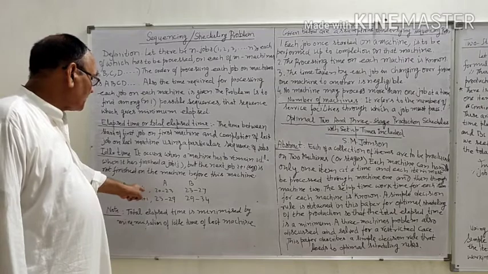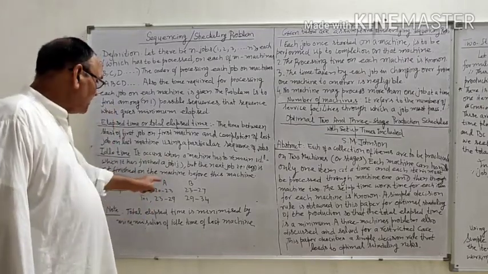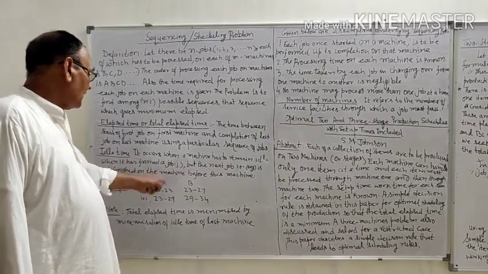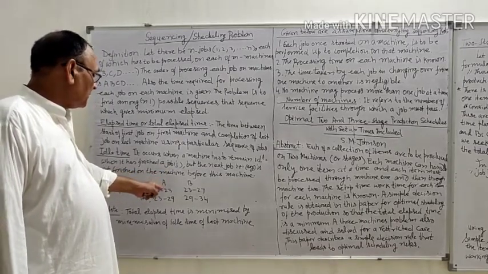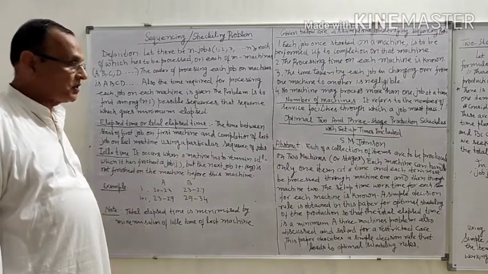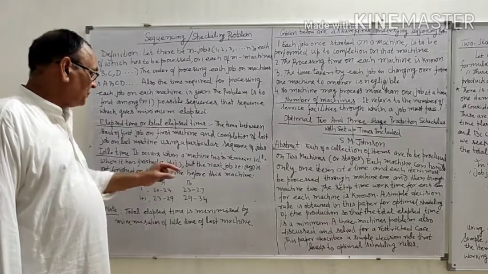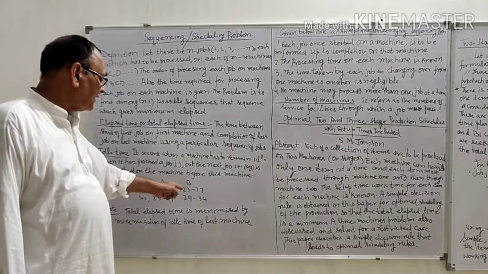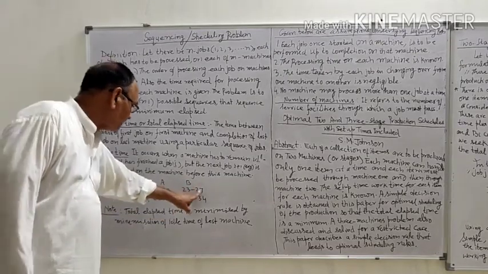The processing time of job i on machine A is 3, and machine A takes this job at 20 hours, so job i is completed on machine A at 23 and immediately goes to machine B. Starting at 23, it is completed at 27.